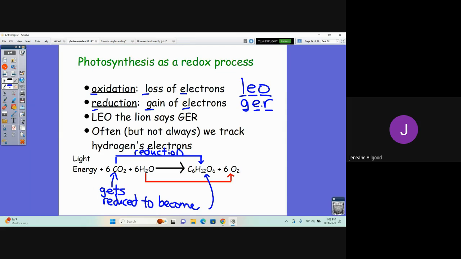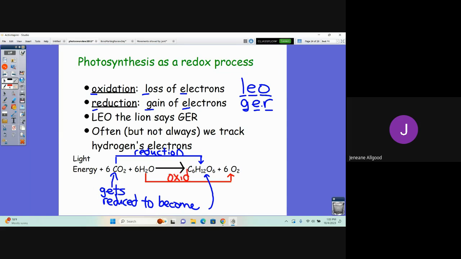All right, then let's look at your red arrow. The red arrow is water. Does water have hydrogen? Yes. Does oxygen have hydrogen? No. So we are going from water to molecular oxygen. We are losing hydrogens, and therefore we're losing electrons. The loss of electrons is oxidation.